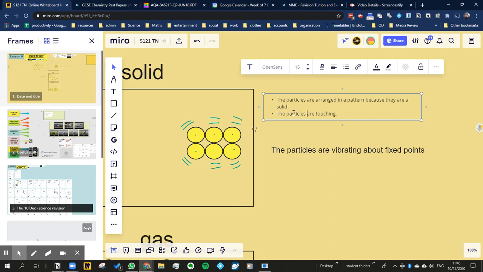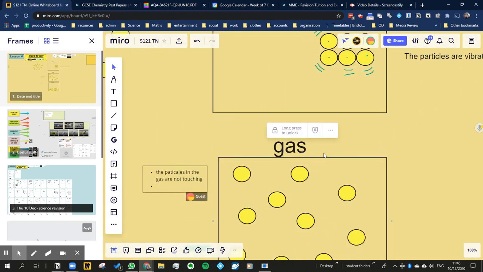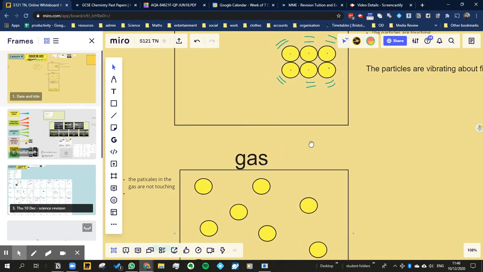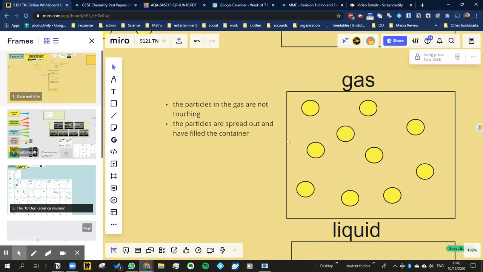So for now, we're just going to use the word particles. In a solid the particles are touching and vibrating around a fixed point. In the gas the particles are not touching. They spread out and they fill the container.